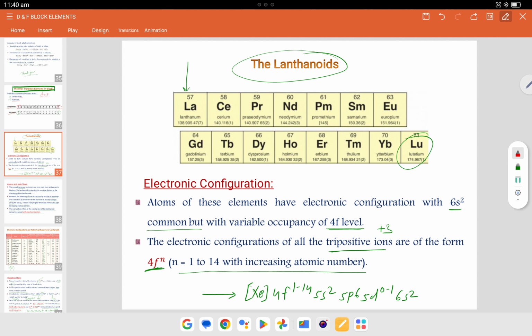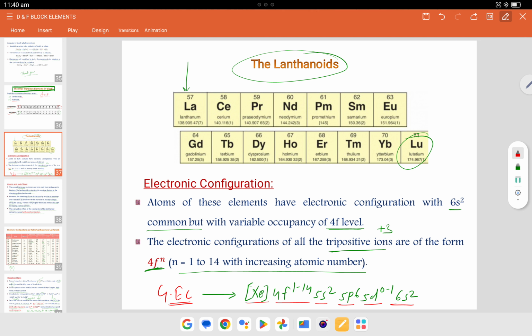The general electronic configuration is xenon 4f 1 to 14, 5d 0 or 1, 6s2. This is the general electronic configuration of lanthanoids.